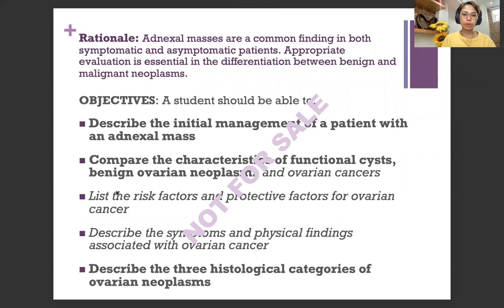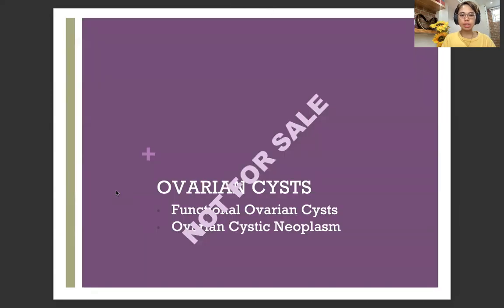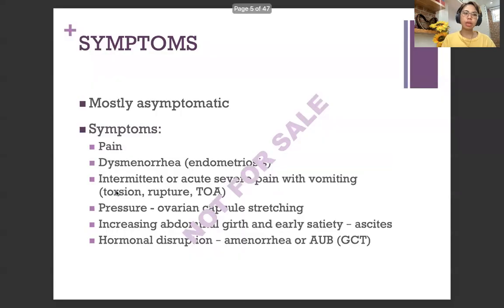All right, there you go. So ovarian cyst can be functional ovarian cyst or ovarian cystic neoplasm. Actually, ovarian masses are mostly asymptomatic. If they become symptomatic, the symptoms are very vague. It can be just pain.